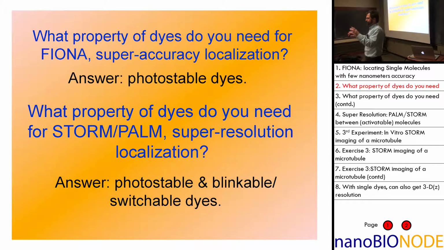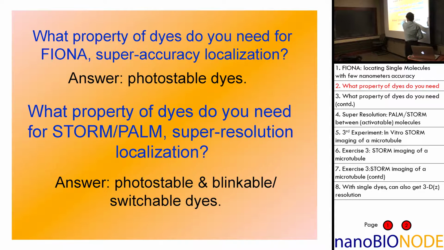But wait. With STORM, you have an identical fluorophore right next to it. So how are you exciting different fluorophores at different times? So you want your fluorophores to be more prone to photoblinking, I guess? Photoblinking, yes. That's the important point.